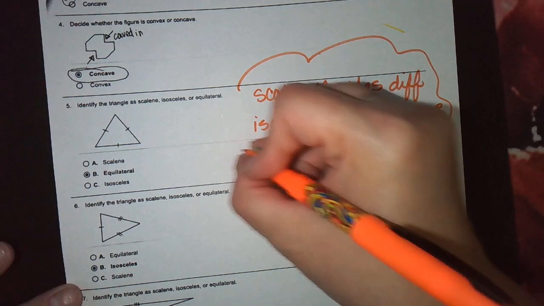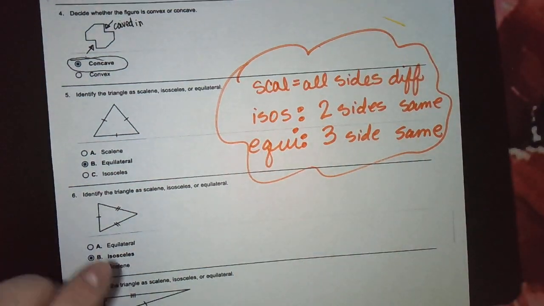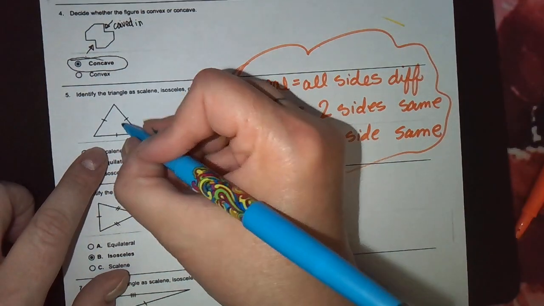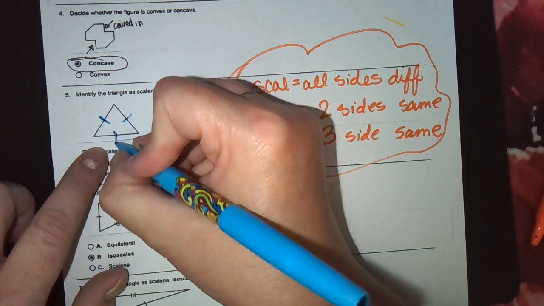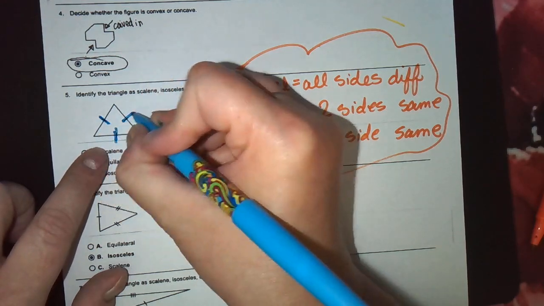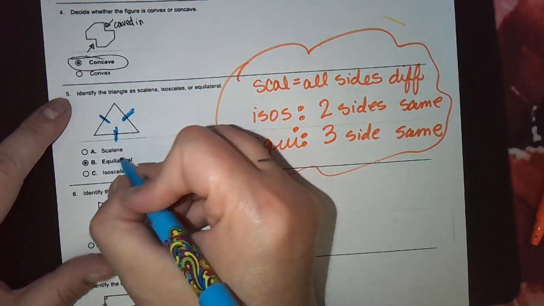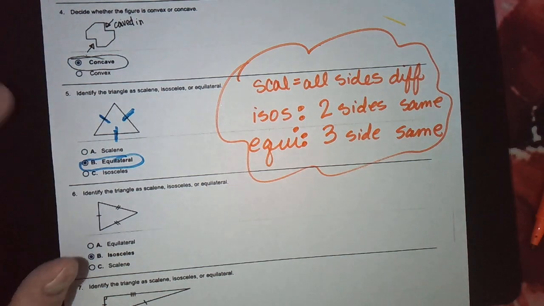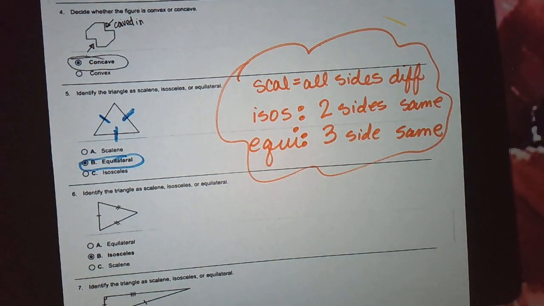So let's go through our pictures. Number 5. They all have these little single tick marks, which means all those sides are equal. So equilateral. Okay, number 6. How many sides are equal?